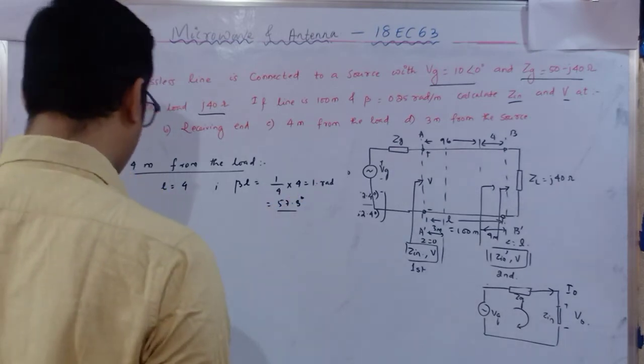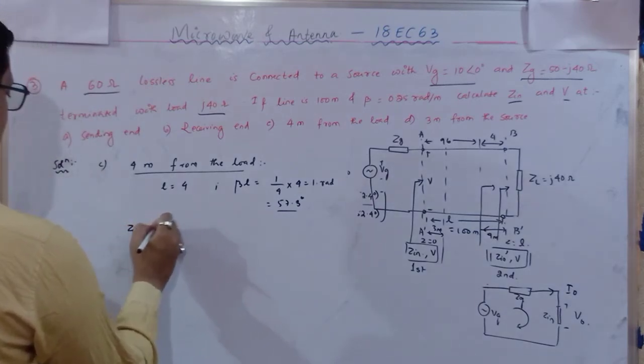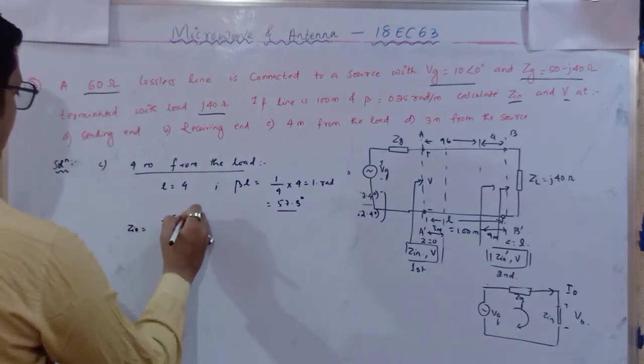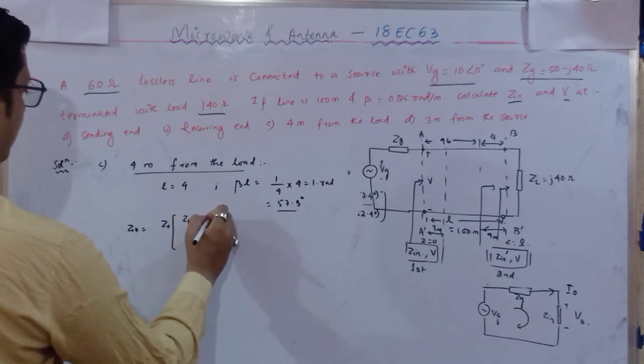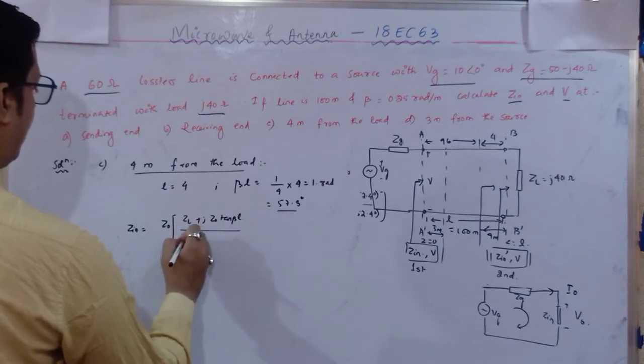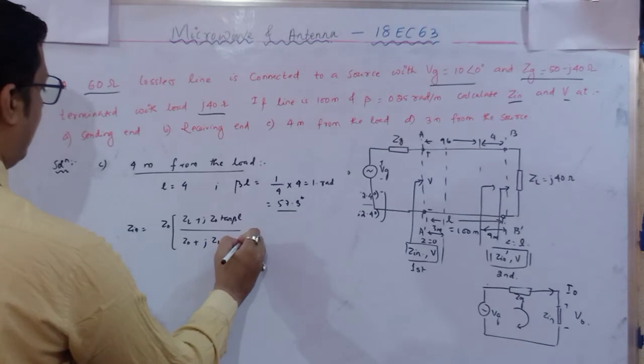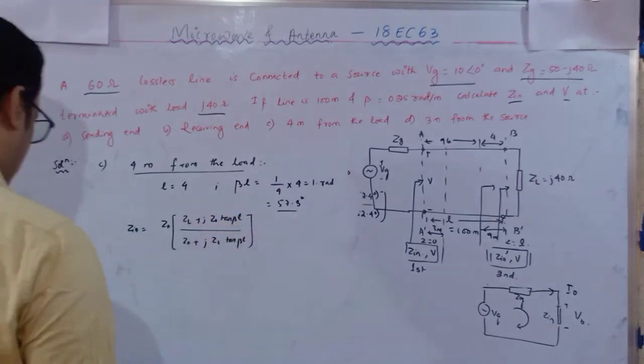So βL is equal to this much. Next, you have to calculate Zin. We have the relation Zin = Z0 (ZL + jZ0 tan βL) divided by (Z0 + jZL tan βL). All values are known.